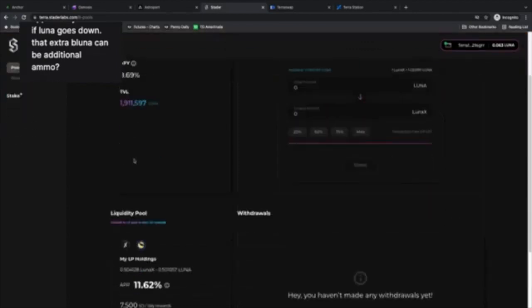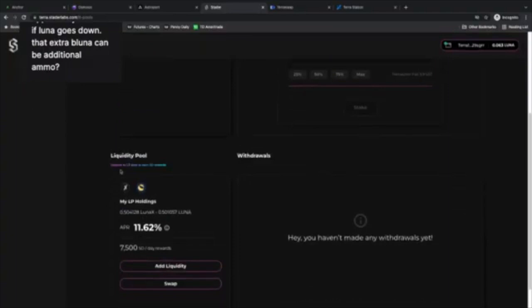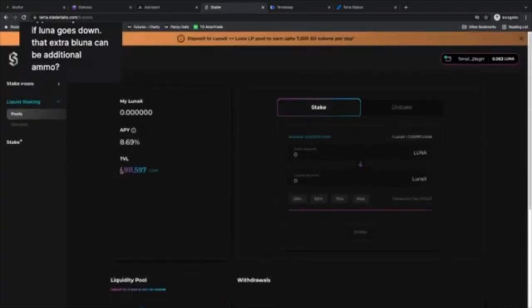Yes, where does the value come from? First is where does the value come from, and the second is what's the difference from Astro? It seems to me it's quite similar, but I just wanted to make sure I understand where the value of the Luna X comes from.